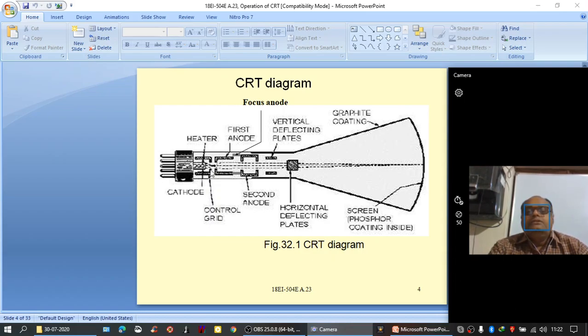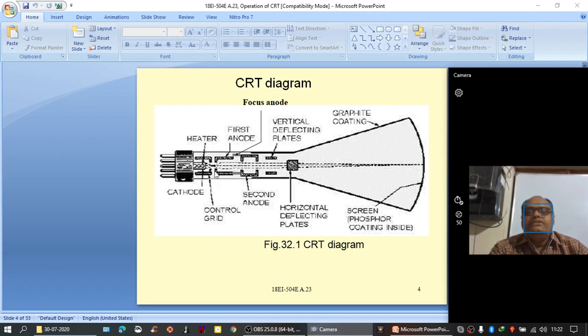This control grid is provided with negative power supply. And the negative voltage on the control grid will control the concentration of electrons that are passing through a narrow hole in the control grid.